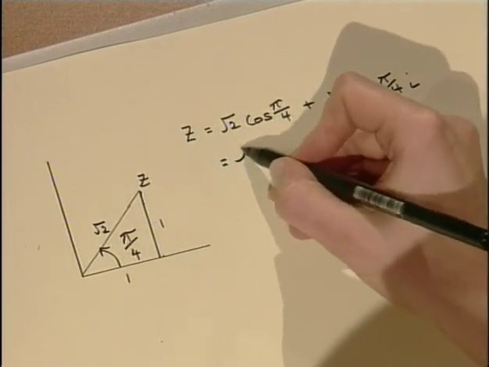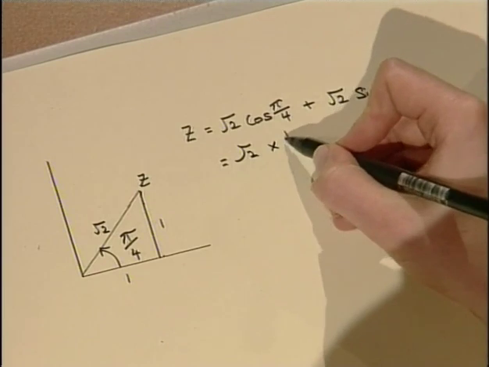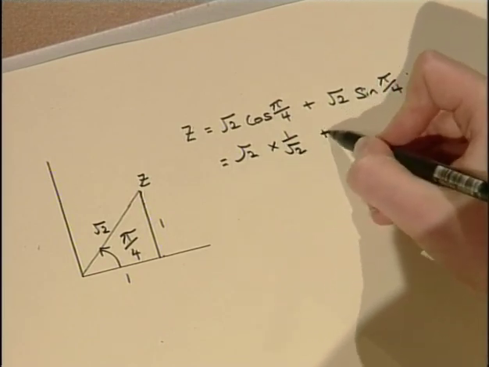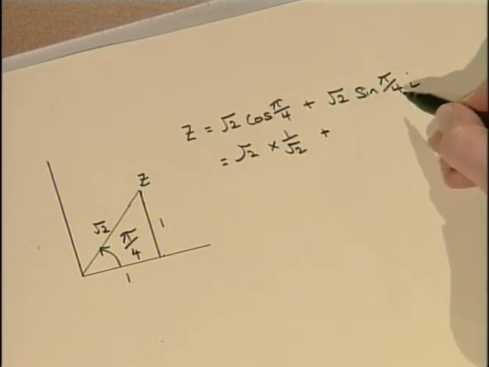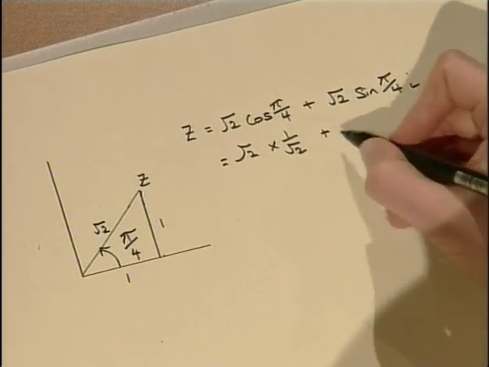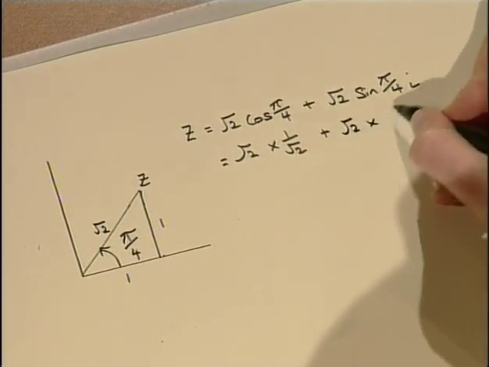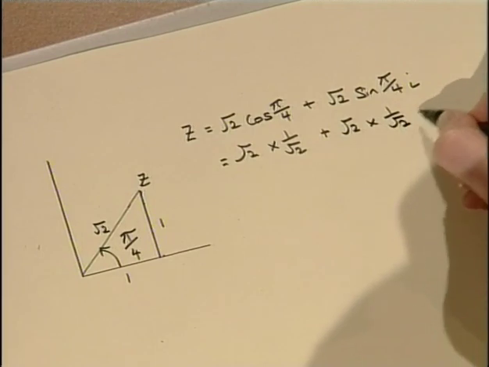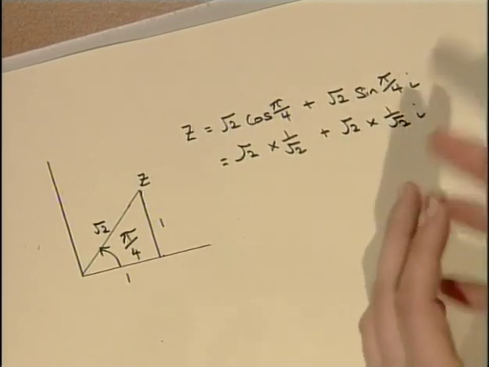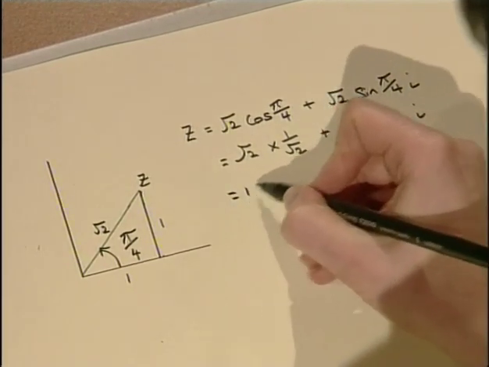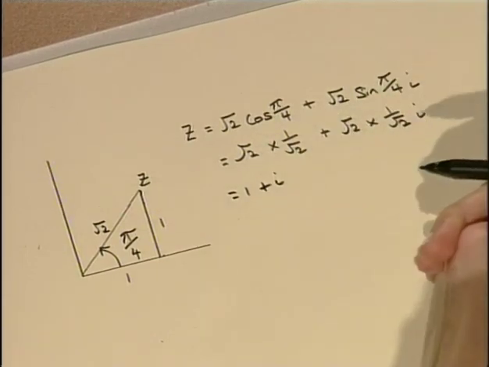So I can write this as root 2 multiplied by 1 over root 2. And sine pi by 4, well, that's 1 over root 2 as well. So this term becomes root 2 multiplied by 1 over root 2 i. That does simplify down to 1 plus i. And that is the result I promised you before.